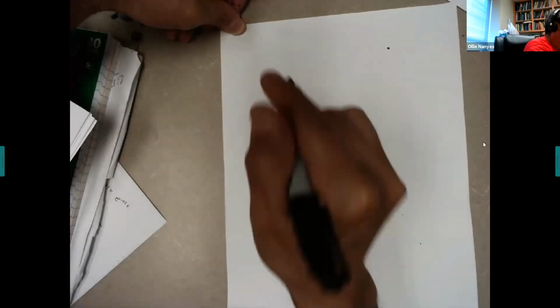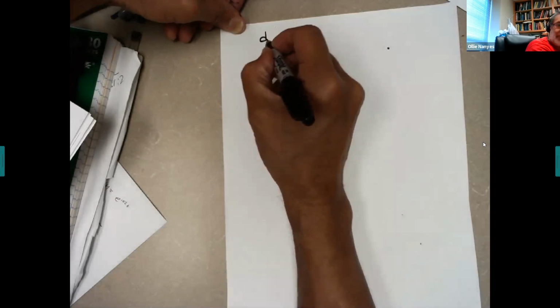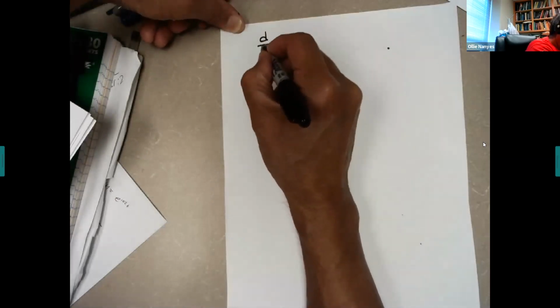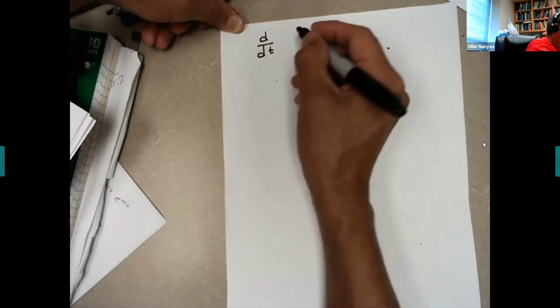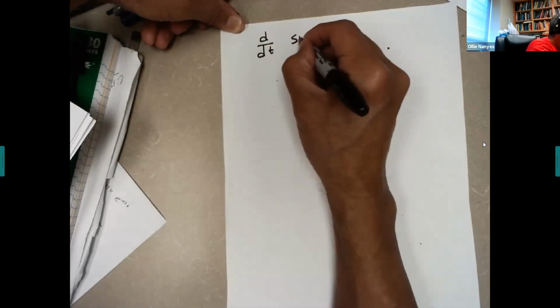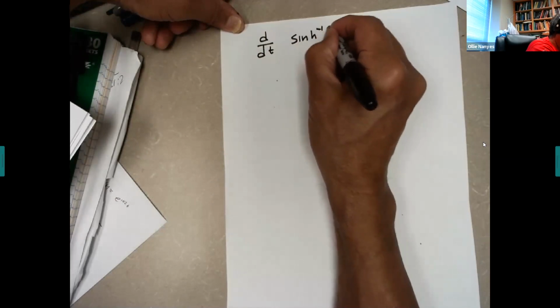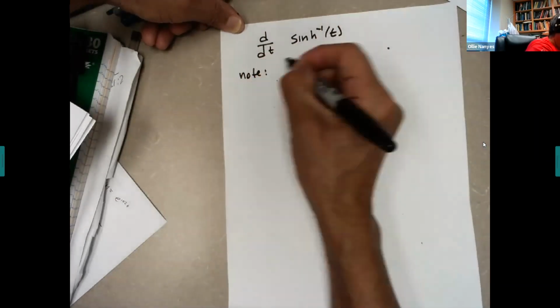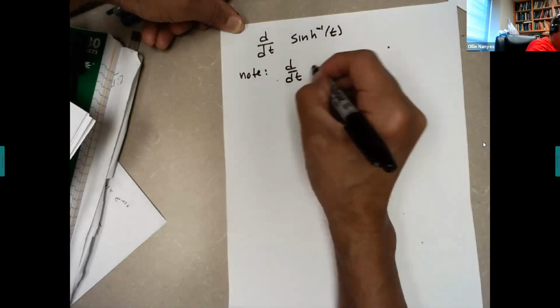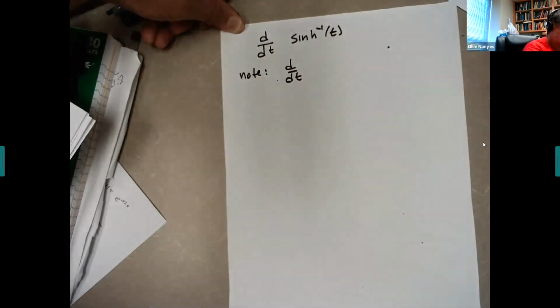trig integrals that we can use with hyperbolic cosine, let's calculate derivatives. And the very first thing I want to do is find the derivative, let's say d dx, or just d dt, of inverse hyperbolic sine. Now note, you could just do this and go back to what we had earlier.